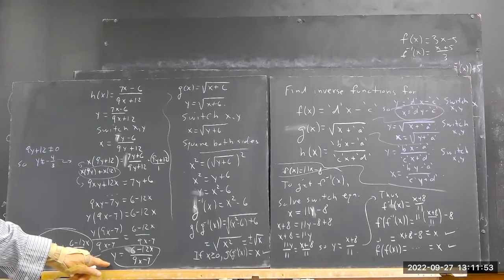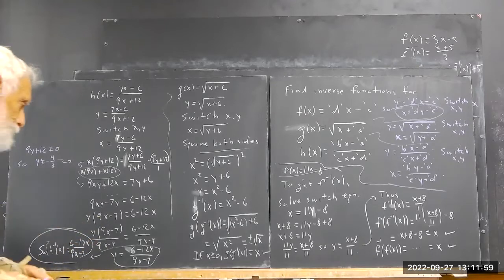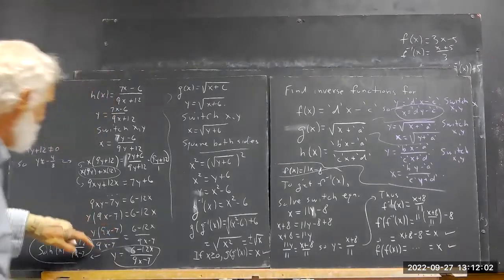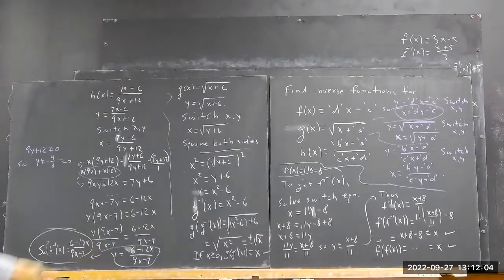You can't get negative 4/3. Well, yeah, let me say that. Okay. Down here, you can't divide by 9x minus 7 if 9x minus 7 is 0.